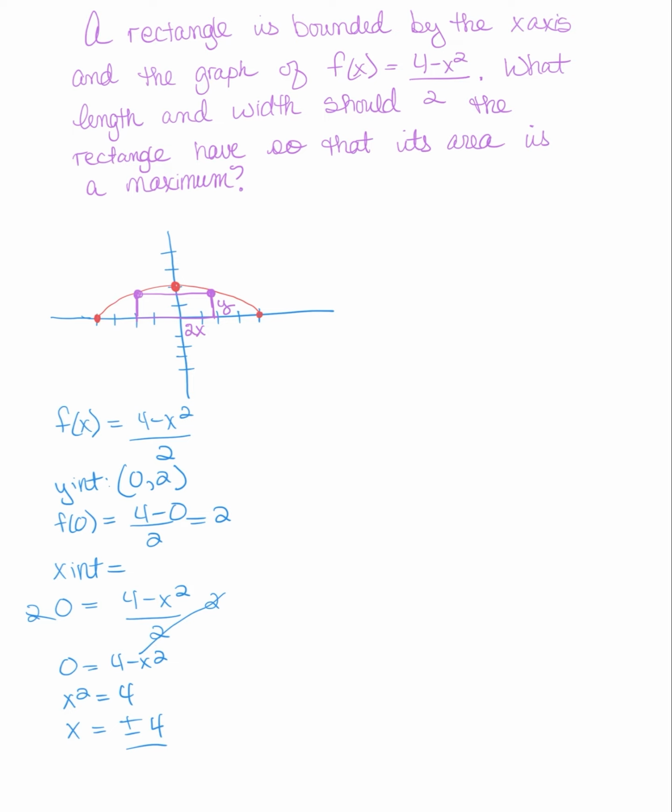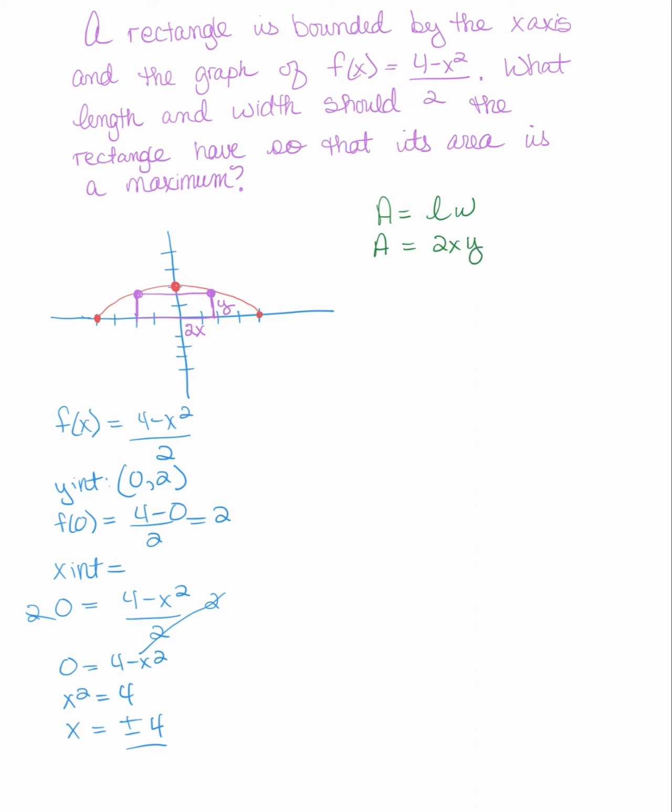Let's do this. So we have the area. Well, the area of a rectangle is just length times width. We know the length is going to be 2x, and then we know the width is going to be y.